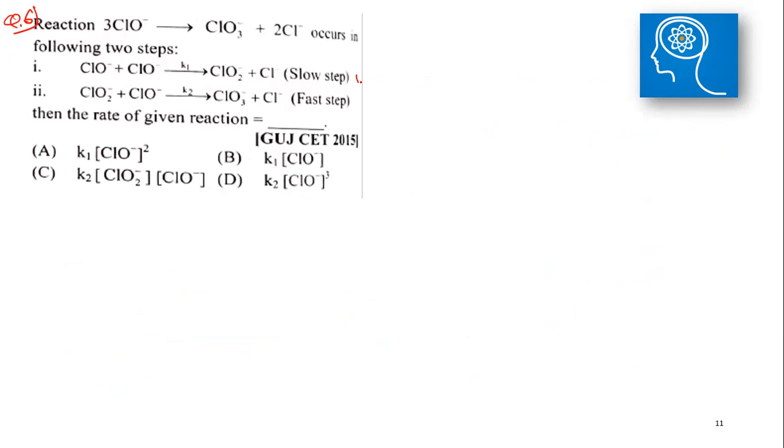Okay, and it is given that this one is the slow step, this one is the fast step. Then the rate of the reaction is equal to, now first of all you should know that I need to know on which step the rate of reaction depends, the slow step or the fast step. On which step does the rate of reaction depend, slow or fast? Okay, rate of reaction always depends on the slow step.